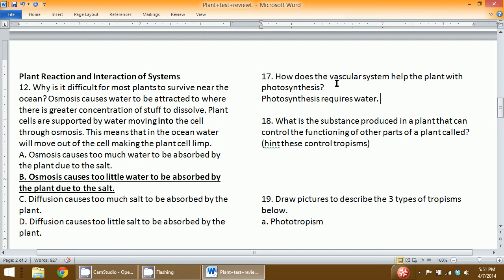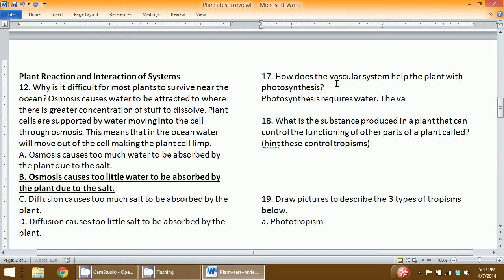So having tubes which will pull it from the roots to the leaves where photosynthesis takes place is a great adaptation, allowing for larger plants than before vascular systems evolved could have been possible. So photosynthesis requires water.